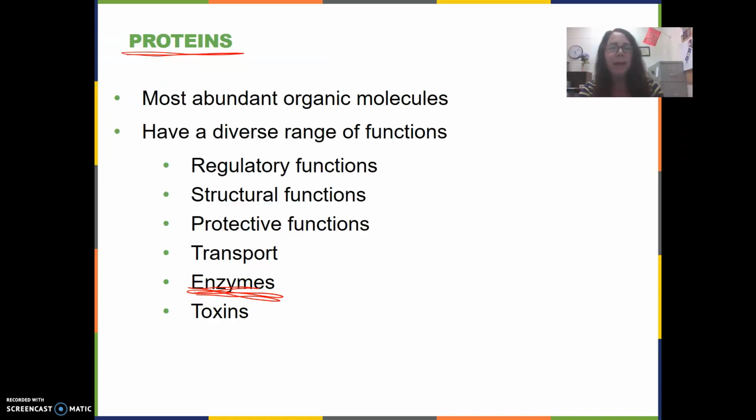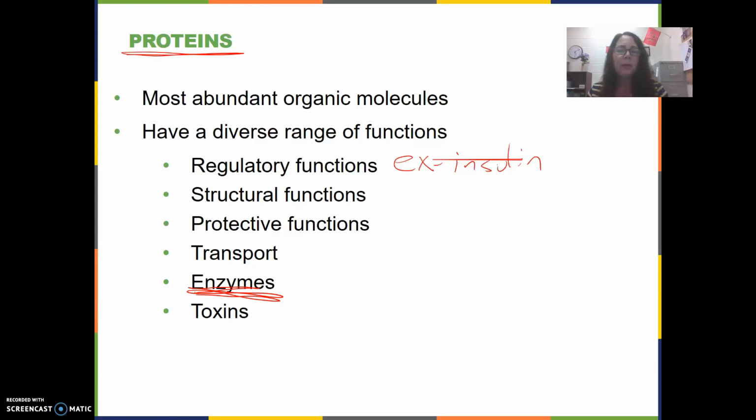Regulatory functions is probably referring primarily to hormones. Hormones can be steroid hormones, or they can also be protein hormones or amino acid hormones. So a hormone, for example, called insulin, which helps regulate our blood sugar or blood glucose levels, is a protein hormone.